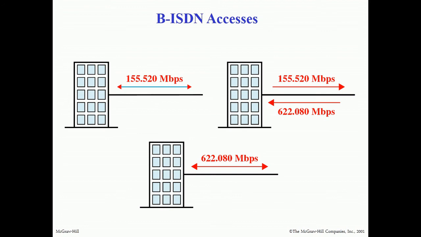lines. What are the services which are used in the narrowband ISDN? Examples are caller identification, call conferencing, remote electricity meter reading, online medical help, security alarm, call forwarding. There are many more applications of the narrowband ISDN. But what about the broadband ISDN?